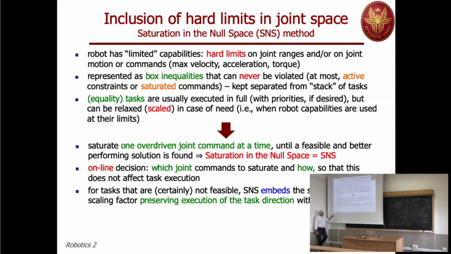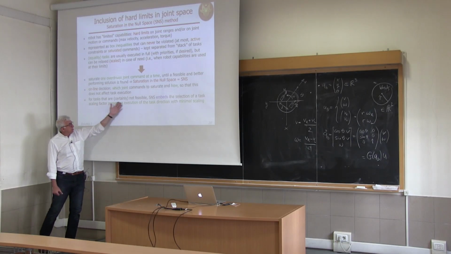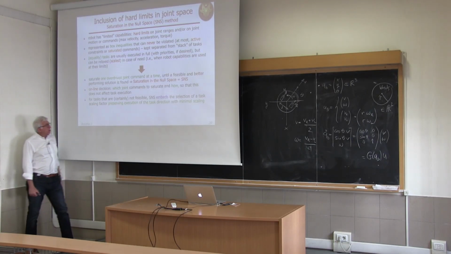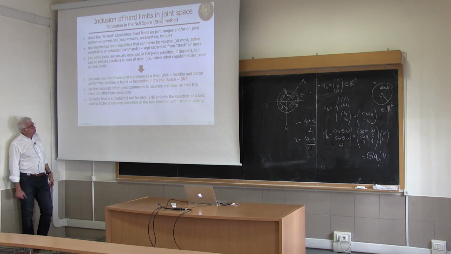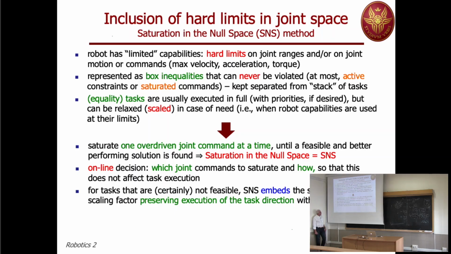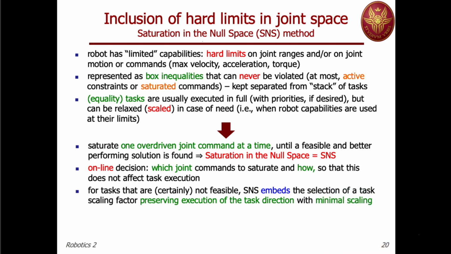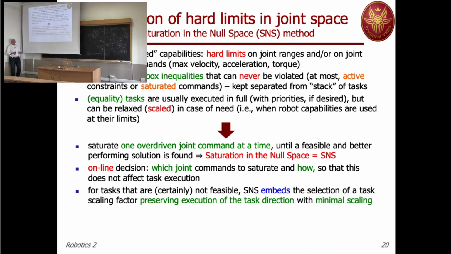Or if this is not feasible, then the algorithm SNS, saturation in the null space, will embed an automatic scaling factor, the least possible scaling, so closest to 1, which means no scaling; 0 means no motion, in order to preserve at least the instantaneous direction of task execution. Do not deviate from that in a minimum norm error sense, okay?